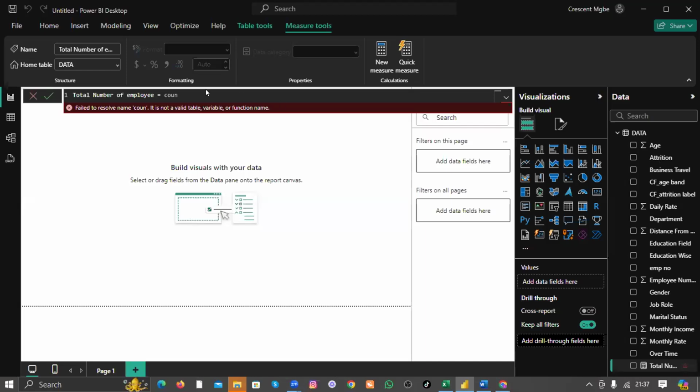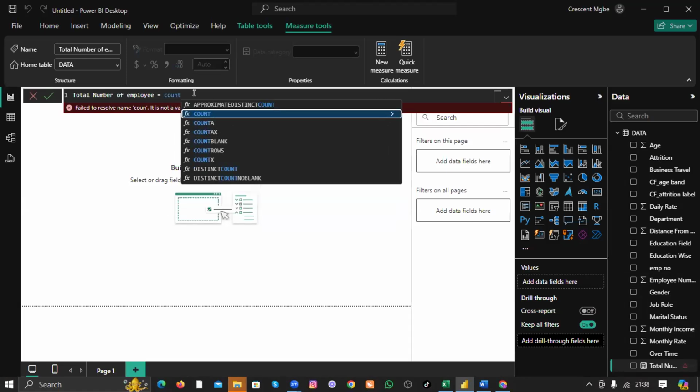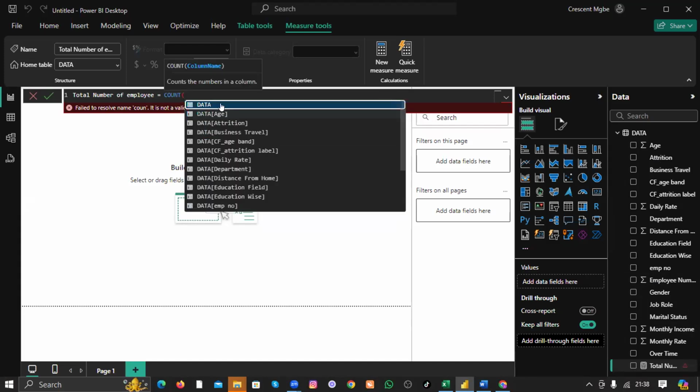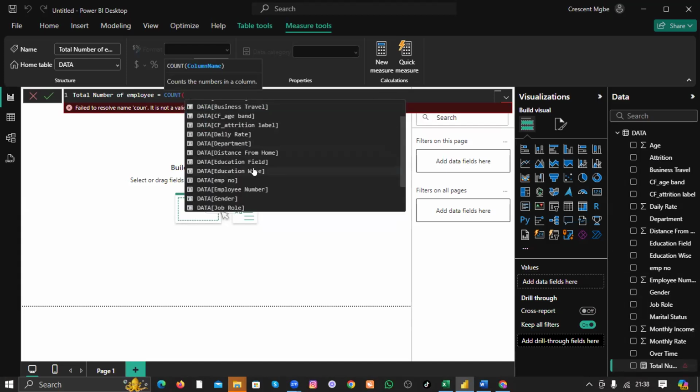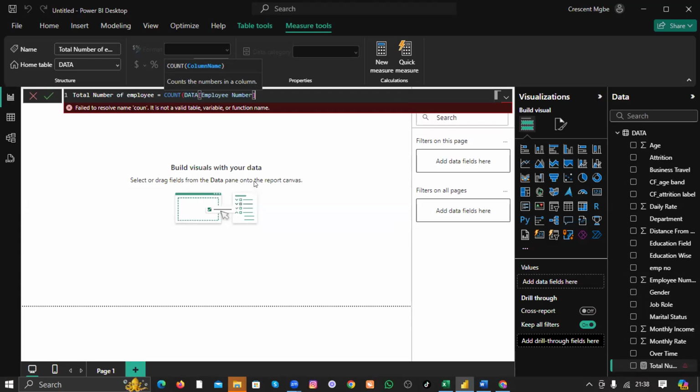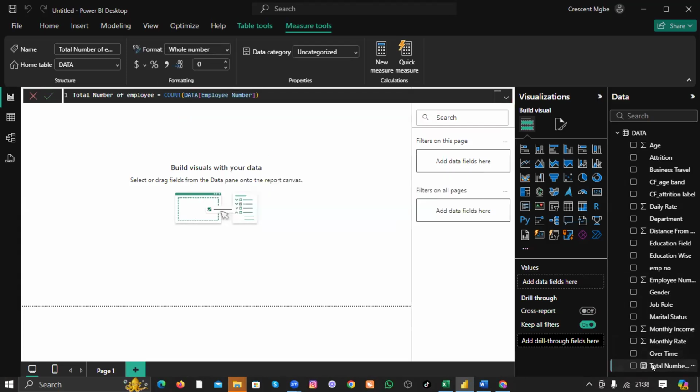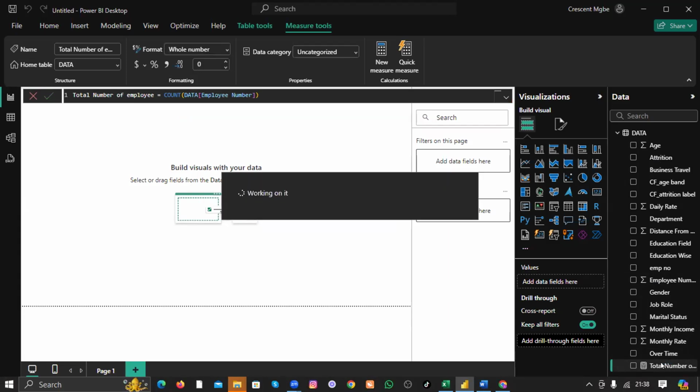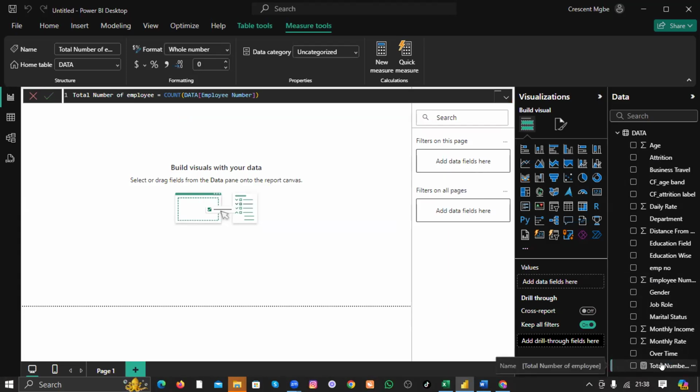So the first measure is we want to get the total number of employees. We'll have it here actually, but we want to have it at a glance as a measure. So we are going to use count to get our total number, which is just to count the total number of employees. You go to number of employee and close it, and then here you have it as a measure.